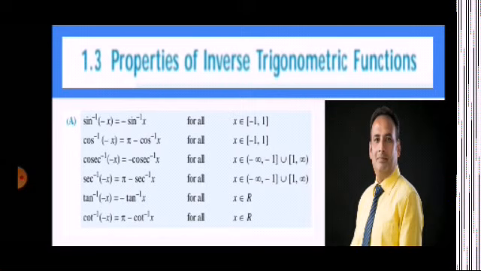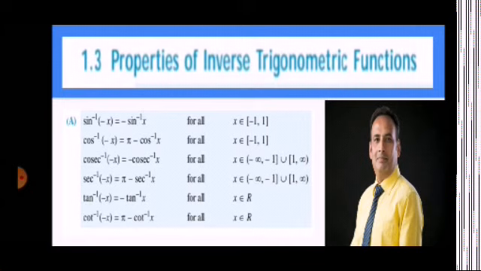Under this domain only, these results are perfect. So sine inverse minus x is minus sine inverse x, cos inverse minus x equals pi minus cos inverse x, cosec inverse minus x is minus cosec inverse x, sec inverse minus x equals pi minus sec inverse x, tan inverse minus x equals minus tan inverse x, and cot inverse minus x equals pi minus cot inverse x.